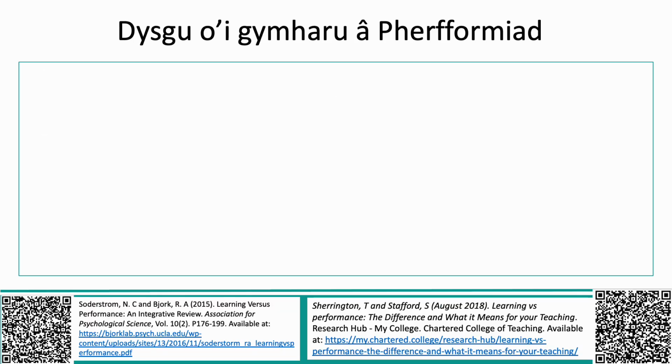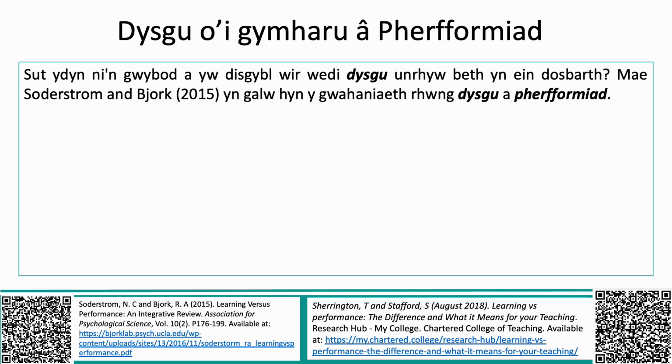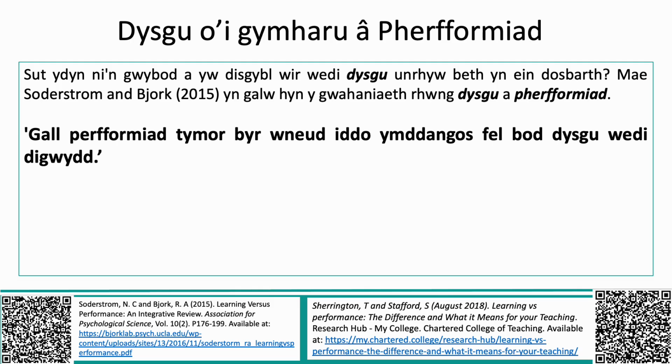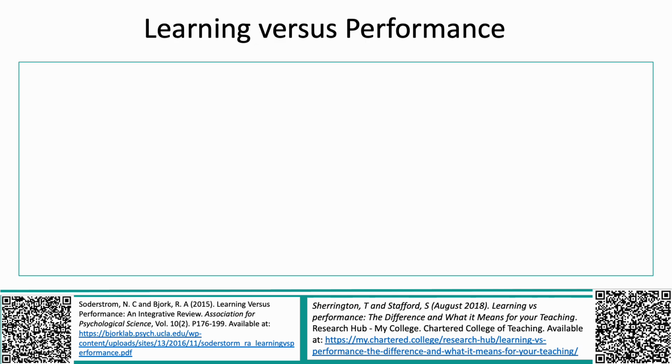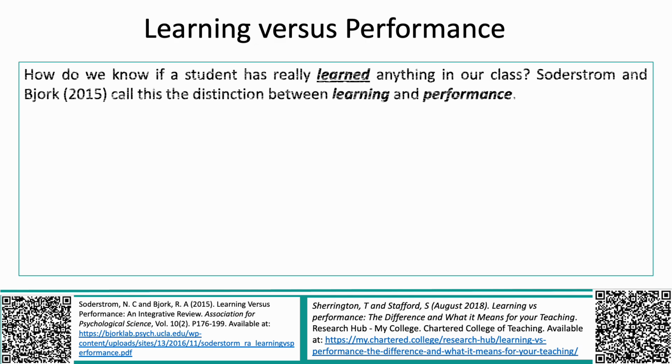It is also important in this context of activating prior learning to understand the difference between learning and performance. There's a fundamental question. How do we really know if a student has learned anything in the classroom?